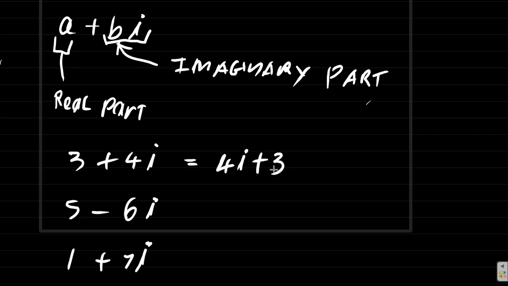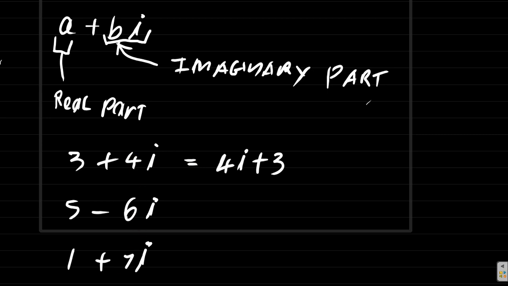Are these equal? Yes, they are. Because here, the real part is 3. Here, the real part is 3. Just that you write it to the right, even though it's generally written as real part plus imaginary part from left to right. 4i, 4i. So these are indeed equal. Okay?